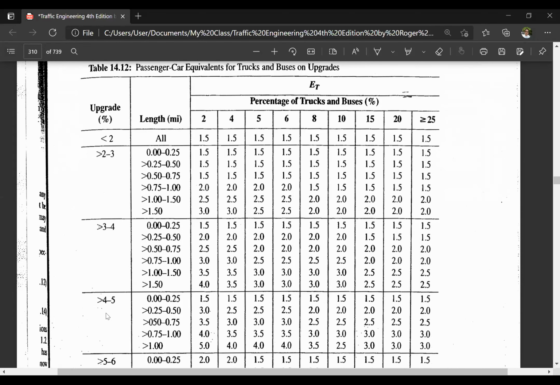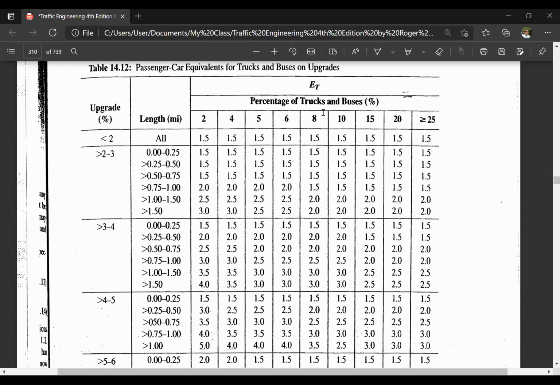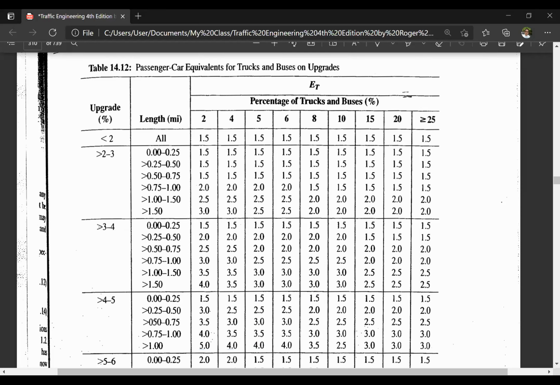It should fall into this category, and the length is greater than 1. We don't know which passenger car equivalent should be used because we don't know the percent trucks and buses yet.